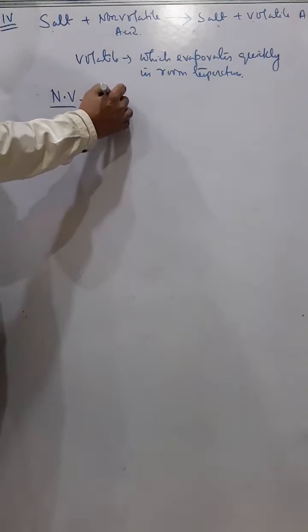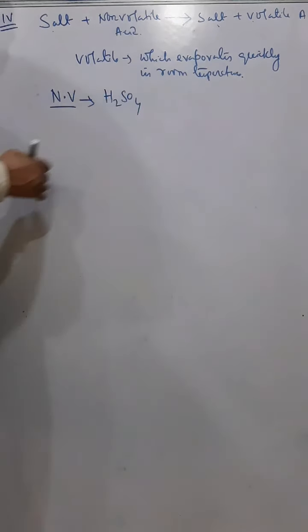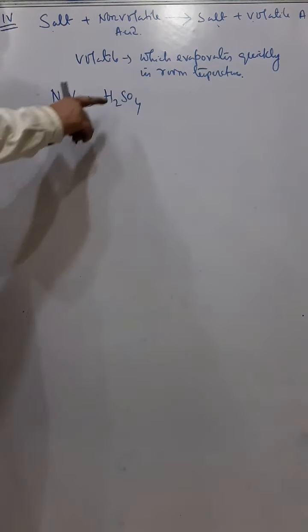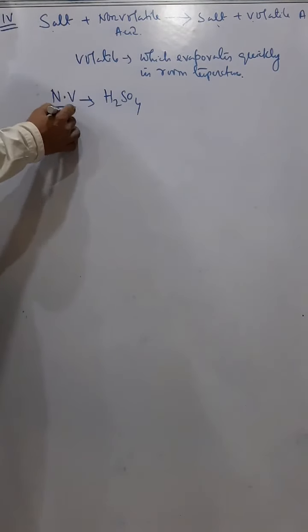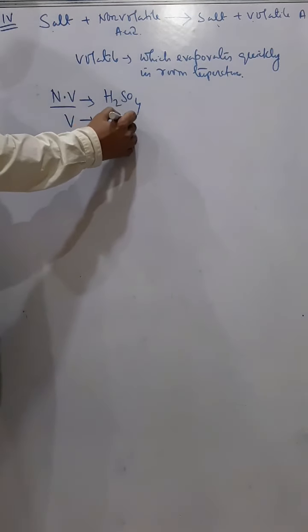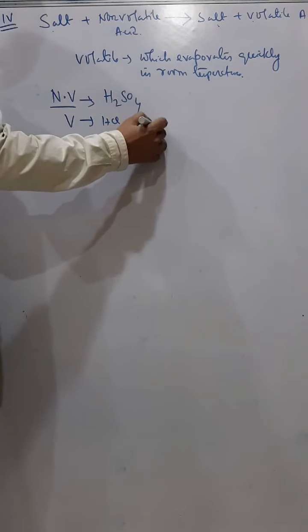So out of the three most common mineral acids, sulfuric acid is a non-volatile acid, but HCl and HNO3 are volatile acids.